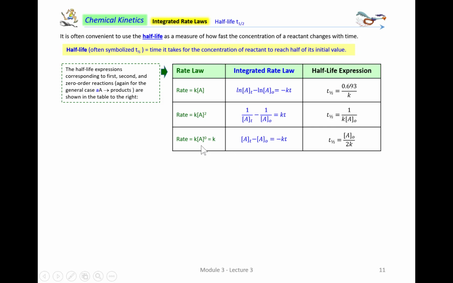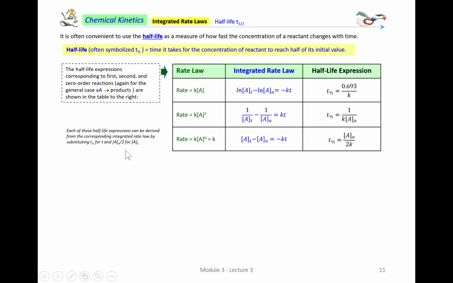And for a zero-order process, of course, rate equals k. The integrated rate law is written here that we looked at previously. And the half-life expression for a zero-order process is T1/2 equals the initial concentration of the reactant divided by 2 times the rate constant.